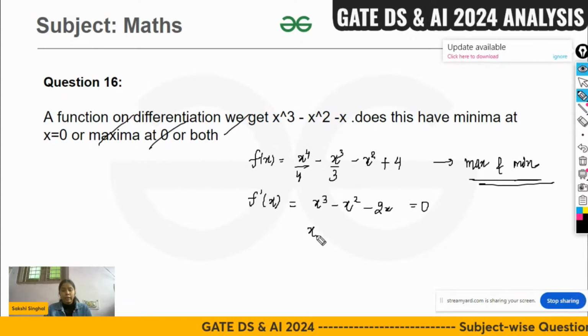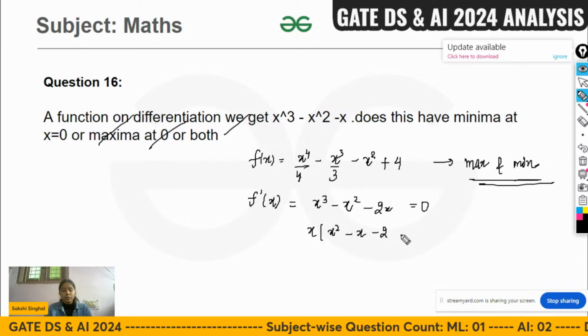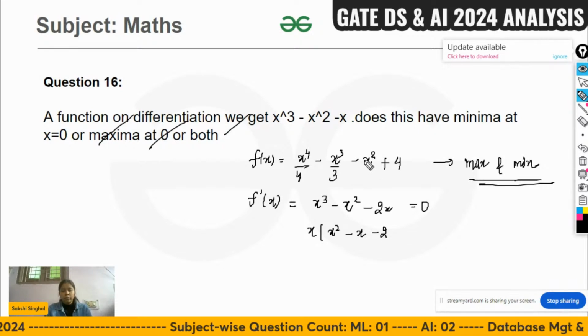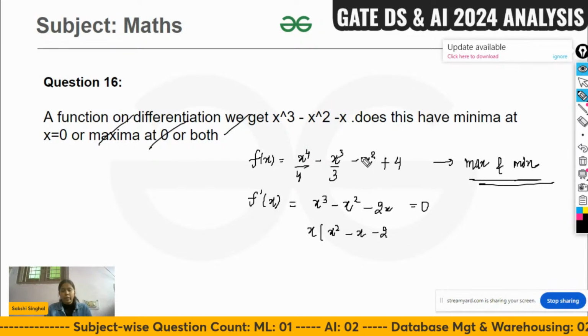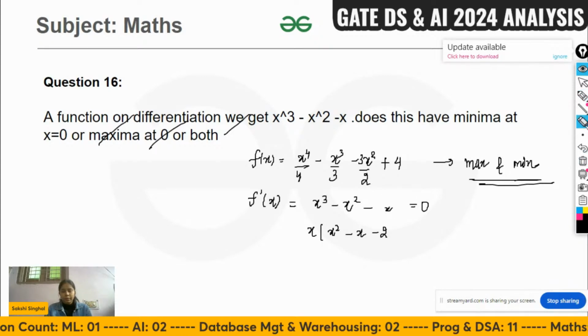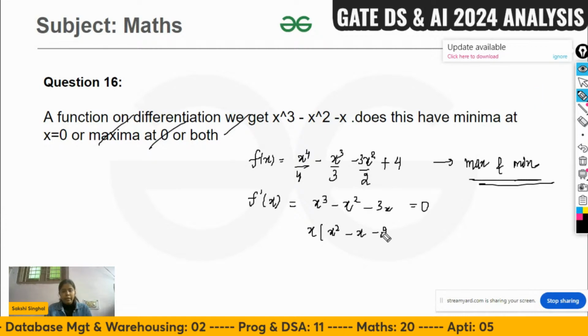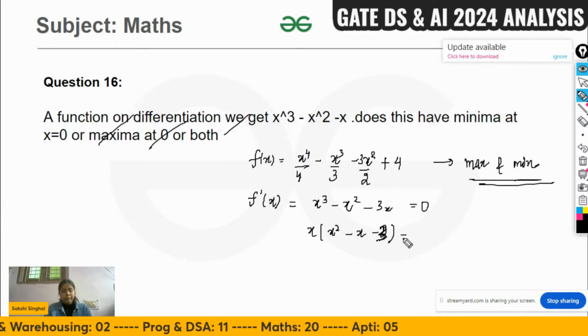So what would I do? I'll take x common. I'll be left with x square minus x minus 2, or would it be 3x square by 2? I think something like that. So it would become minus 3 equals to 0, so I'll find out the roots.